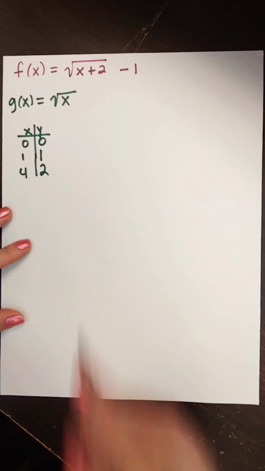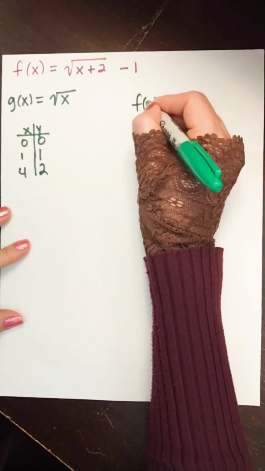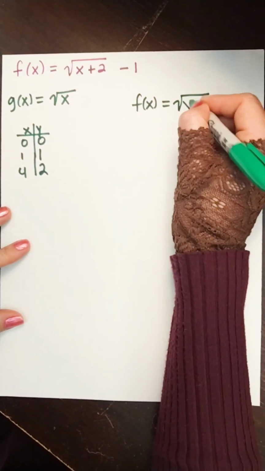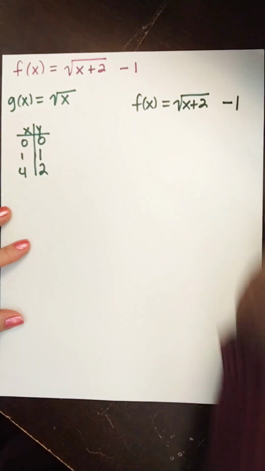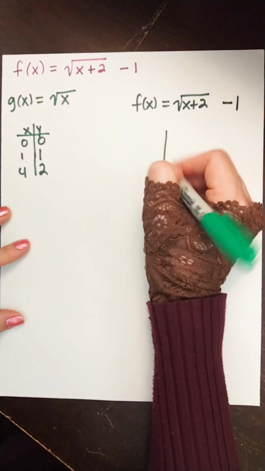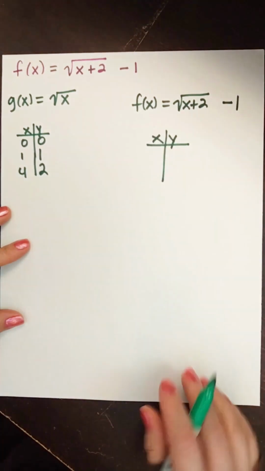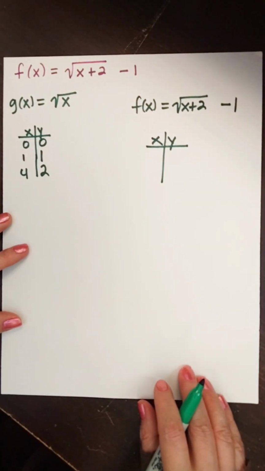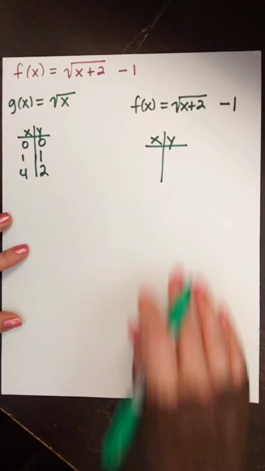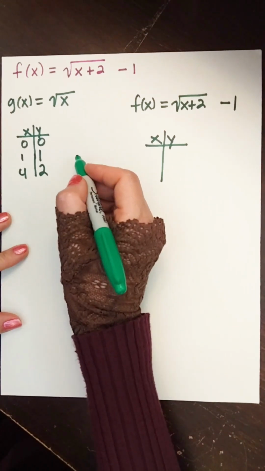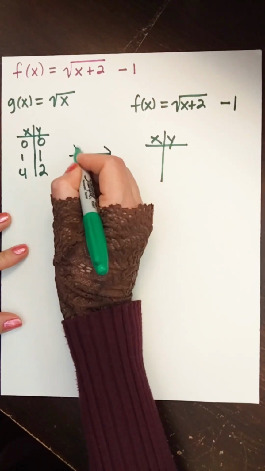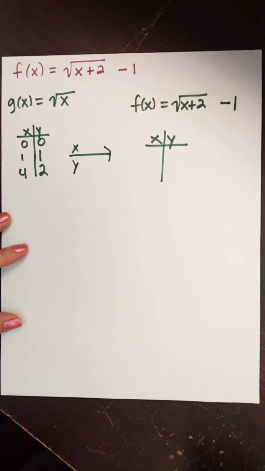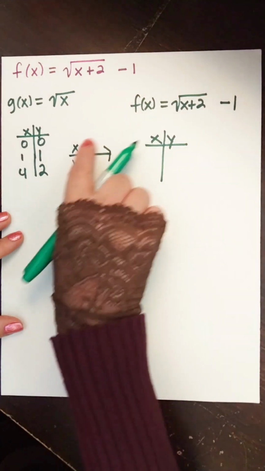Okay, so then we are going to rewrite the function that we actually want to graph, and then we have our little chart here to put some points there, and then we'll need to do our arithmetic here.